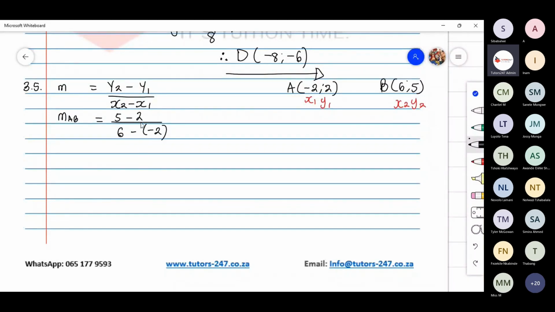Please don't leave out the negative from the 2 because you already see a negative sign there. So once you substitute your values, you don't need to find the top separately, the bottom separately. It's just easier to put the entire thing onto your calculator and you can get the value. So that is therefore going to be 3/8.